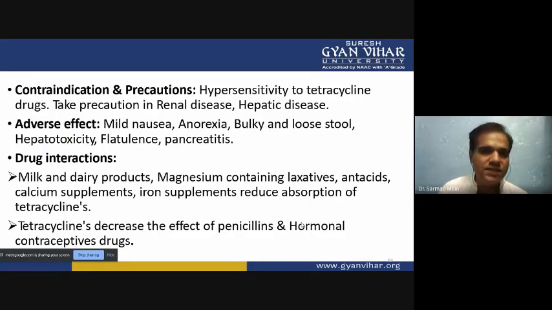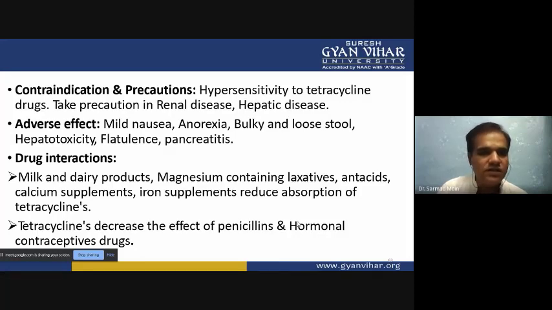We should not give tetracycline to patients with hypersensitivity issues or a history of renal or hepatic disease. As for adverse effects, if we give a high dose, there can be mild nausea, anorexia, bulky and loose stool, hepatotoxicity, flatulence, and pancreatitis. These side effects occur when we treat continuously with tetracycline at a higher dose.